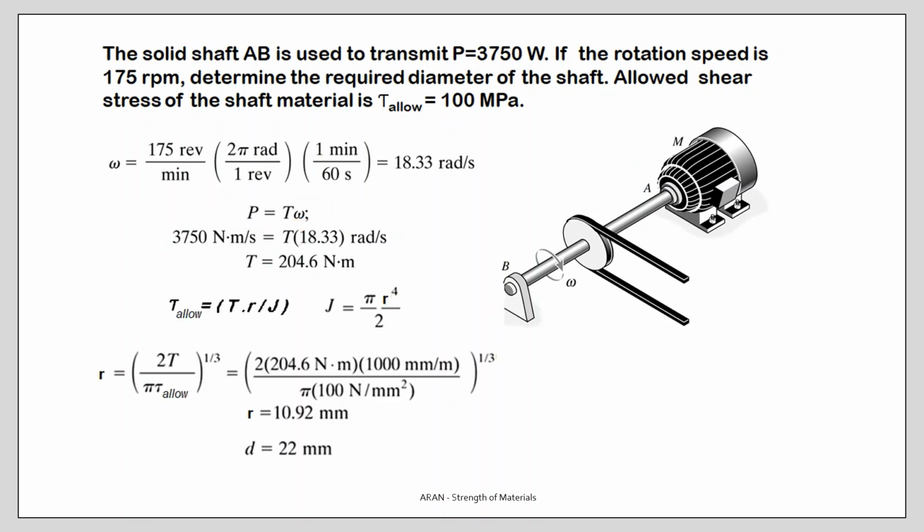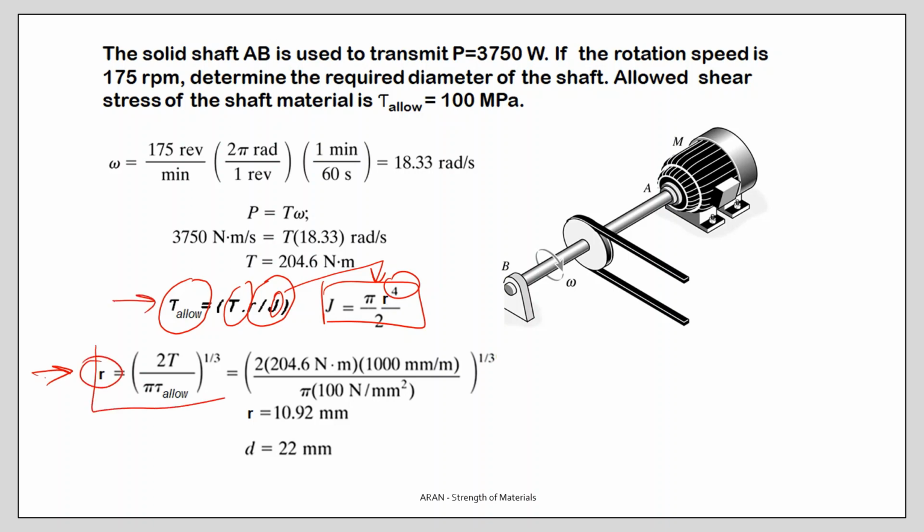If we know the torque value and the allowed shear stress for the shaft material, I can calculate R over J. You know that in this J we have also R, and so if you do the arrangement, you can find this formula: R equals 2 times the torque divided by pi times tau allowed.